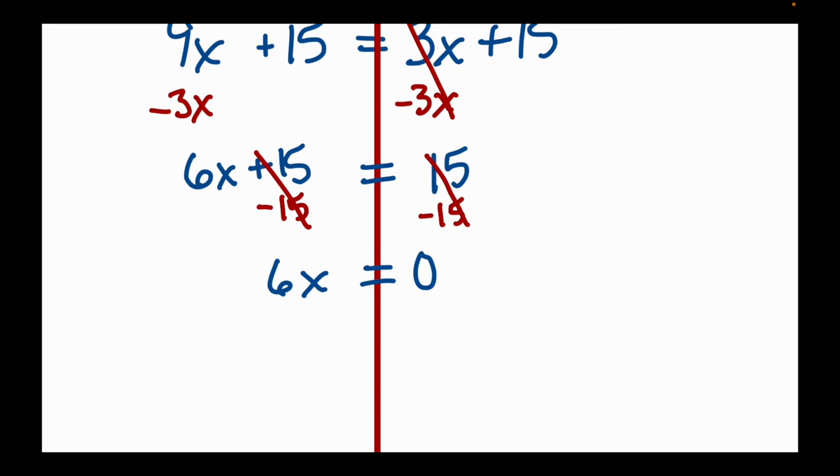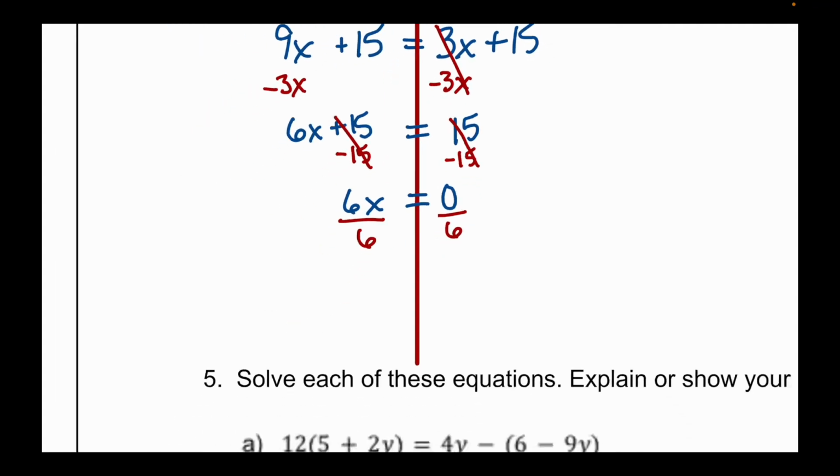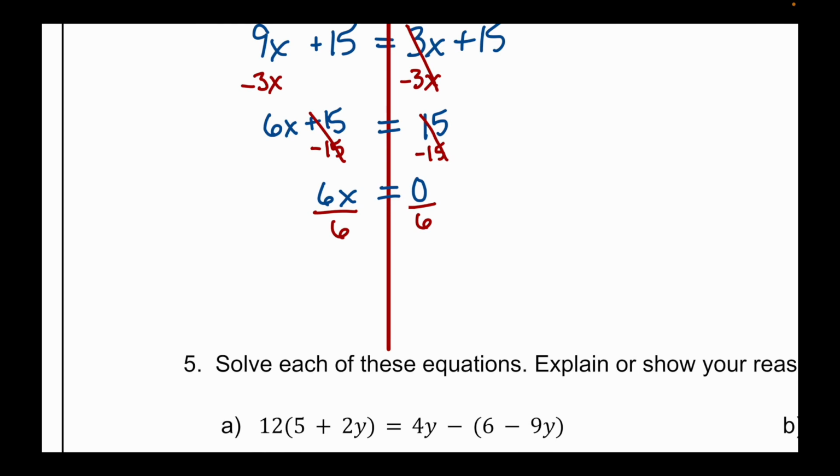I can treat this as if it was any other number, and we can still do our one last step, which would be to divide both sides by 6. And when we do that, is it possible to divide 0 by 6? Well, yeah. If you have nothing and you need to split it between 6 people, they all get nothing.